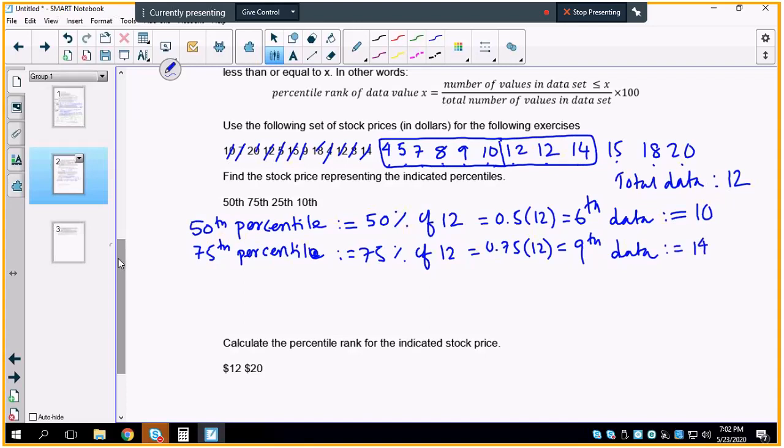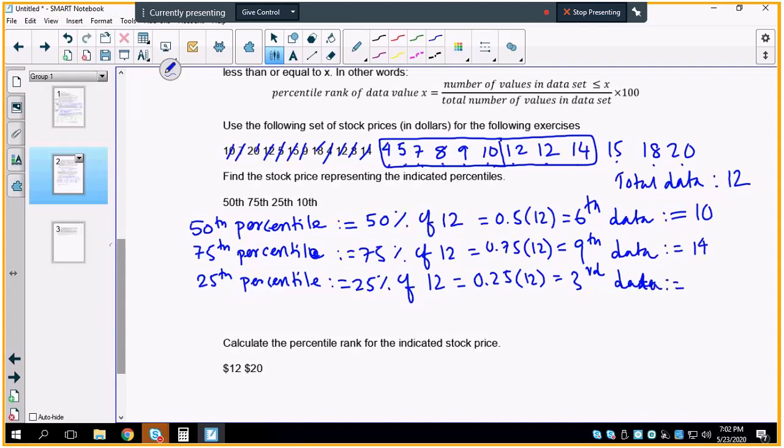Now the 25th percentile. That is 25% of the sample size, so 0.25 times 12, and that should be equal to the third data. So we count 4, 5, and 7. So that's the third data. So it is 7.